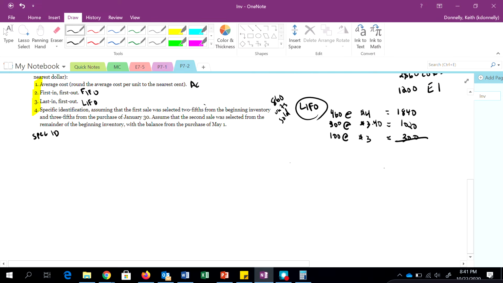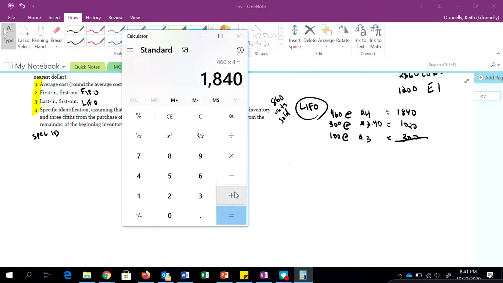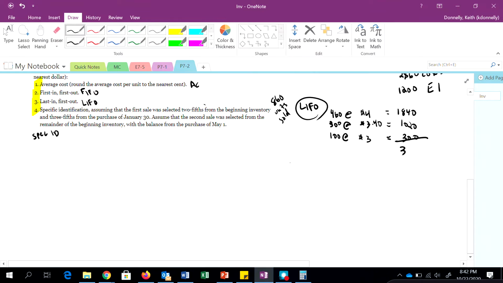The idea with this is LIFO, the cost of goods sold here. Let's add them up. So we got 1840 plus 1020 plus 300. That equals 3160 is our cost of goods sold.